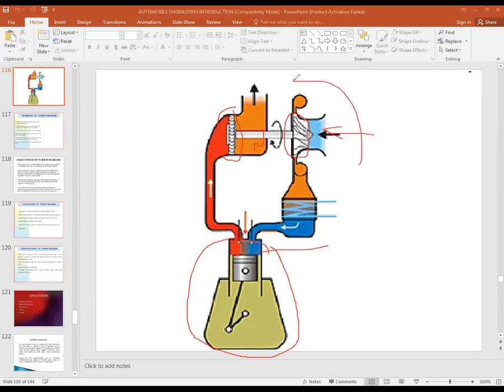Sufficient air means the amount of air required for combustion. The burning process then takes place at a high rate, so the developed power increases. So this is the process.